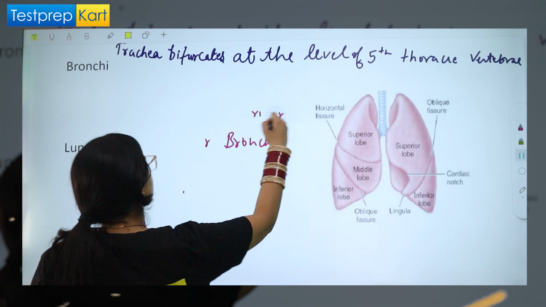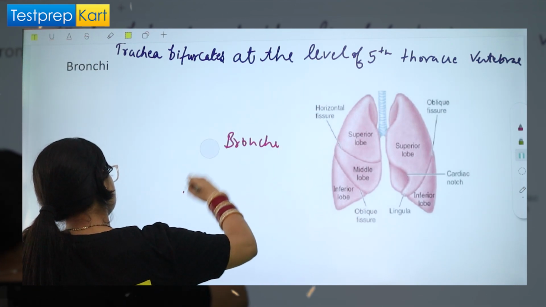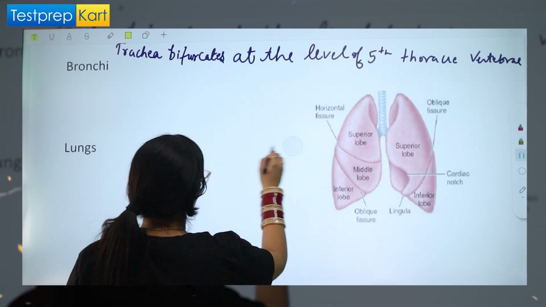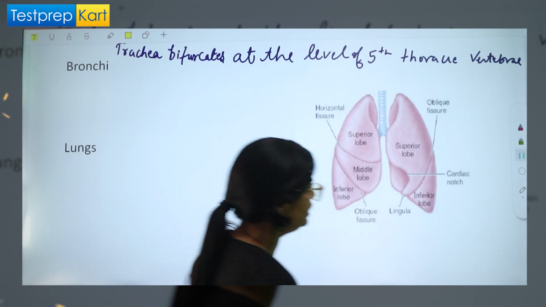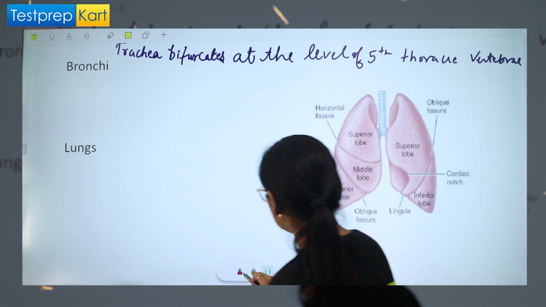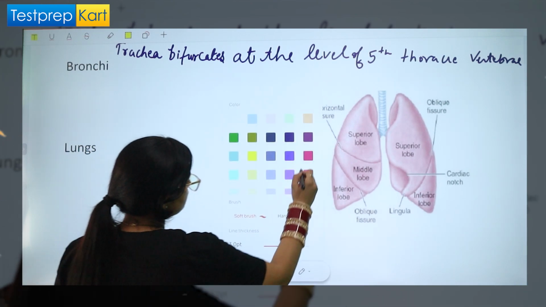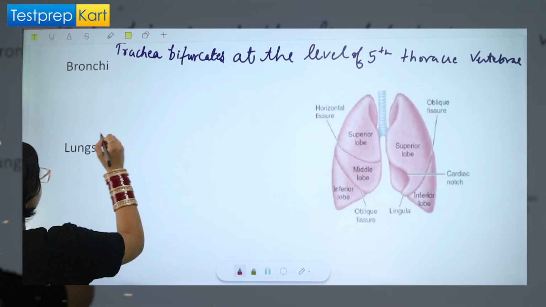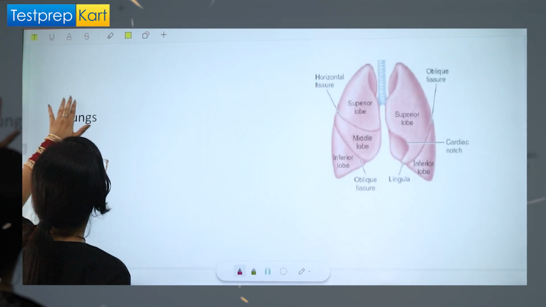And lungs are the main site of gaseous exchange, right? There are a few points regarding the lungs.